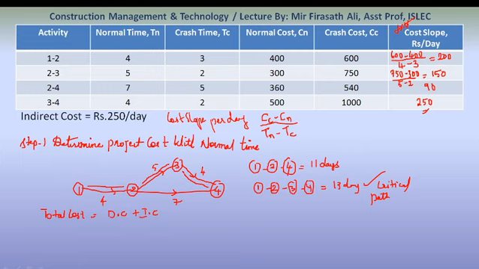Direct cost is the sum of all normal costs: 400 plus 300 plus 360 plus 500. Look at this red color, the sum of all normal costs becomes the direct cost.